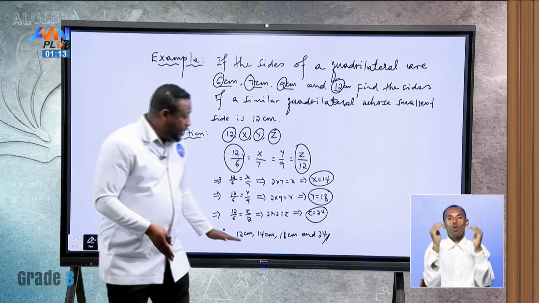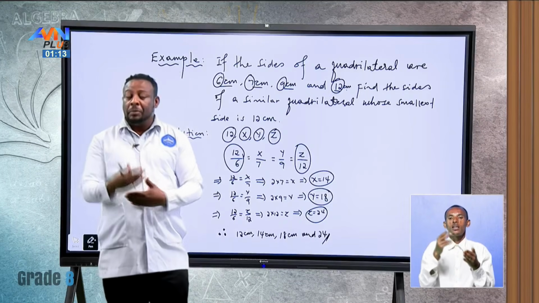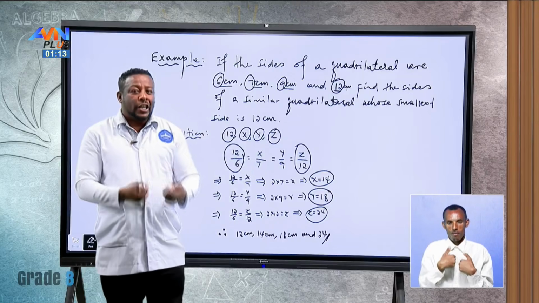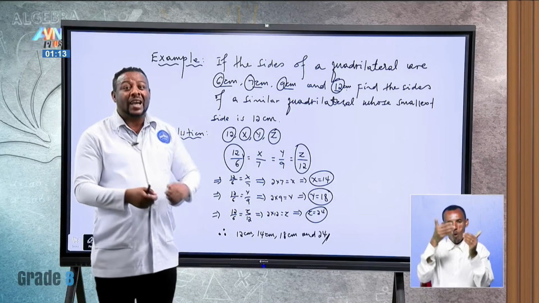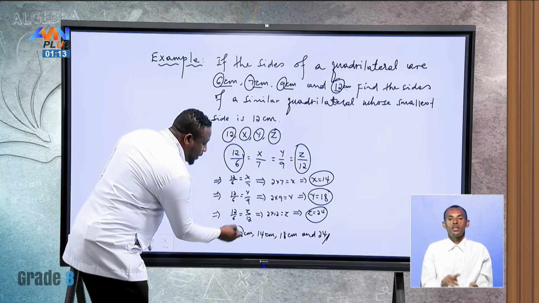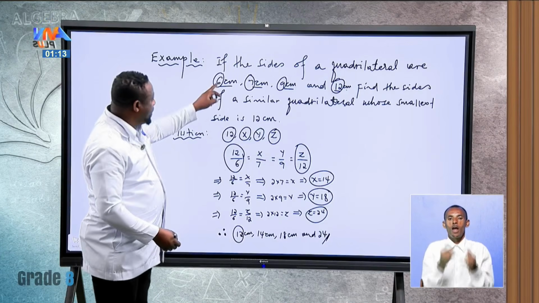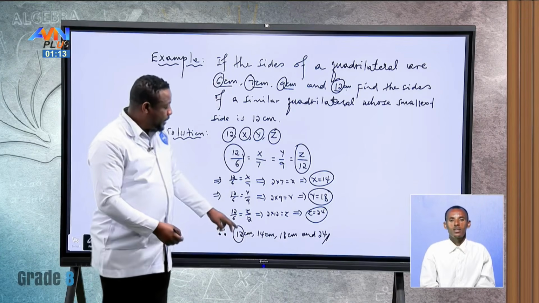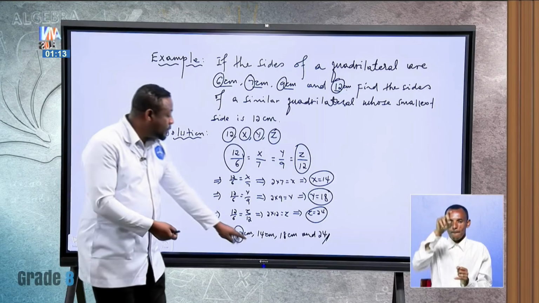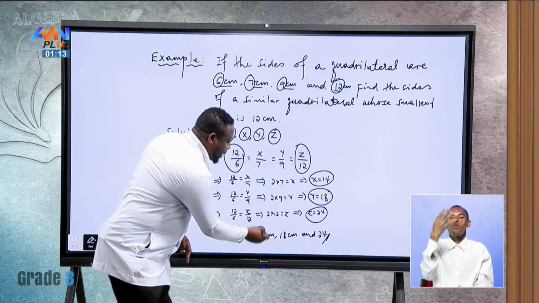Okay, if these are the sides of a similar polygon, the ratio of all corresponding sides must be the same. That means 12 over 6, okay? You can take the ratio of these two. 12 over 6 must be the same as 14 over 7.